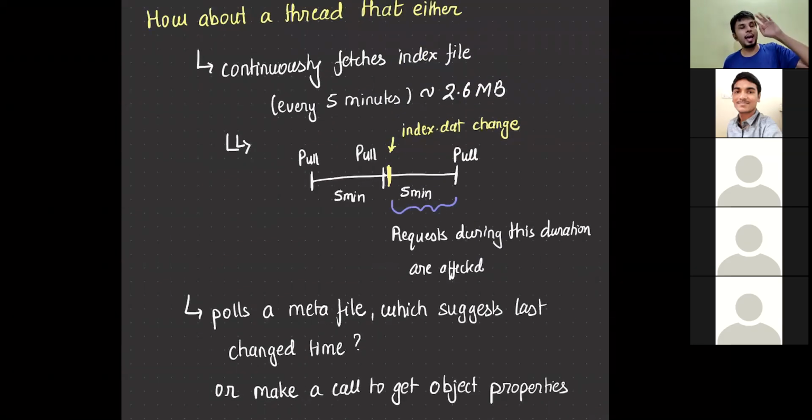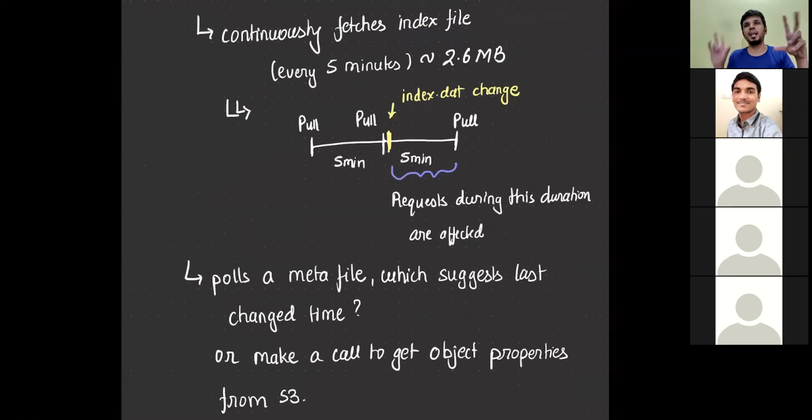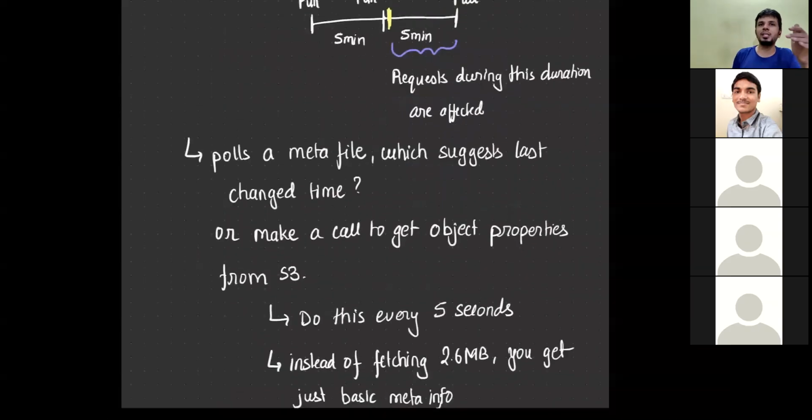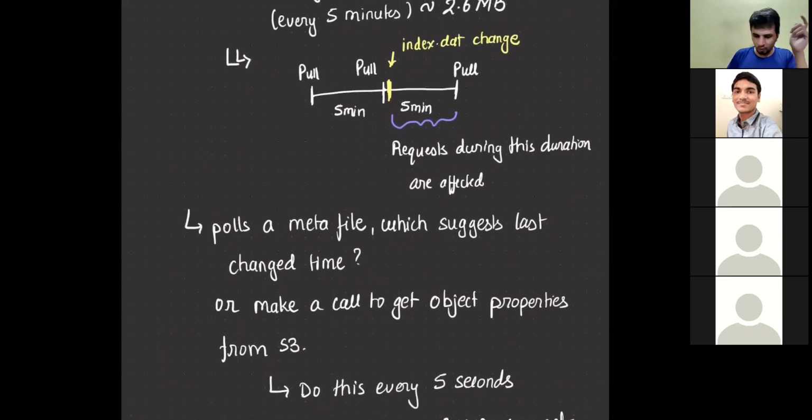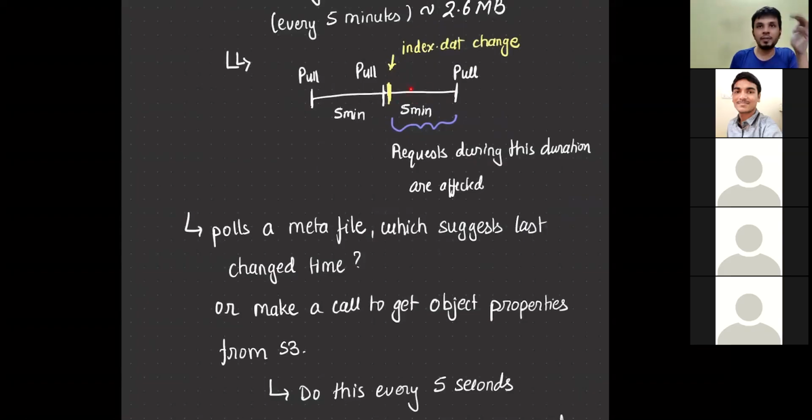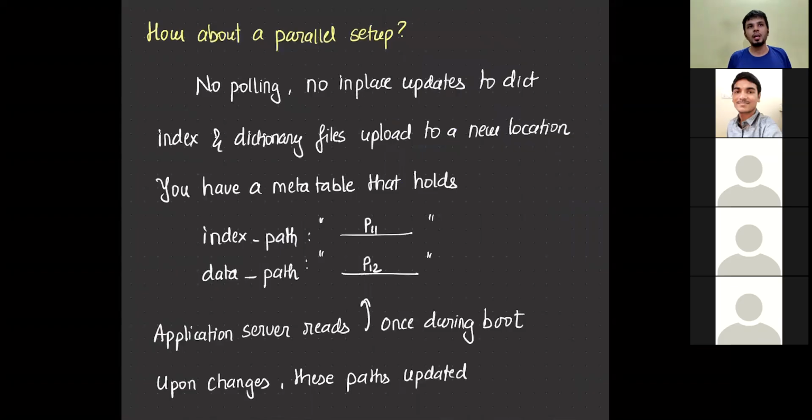You can either have a separate file which says that something changed, which all of your API servers are constantly polling in a thread, or you can use the file object properties, like the updated at or modified property of a file, which gets changed. You can leverage that to see if something changed. But obviously this has its limitation, because for this duration you would still be serving wrong data. So you have just tried to minimize the scope but not eradicate the problem.